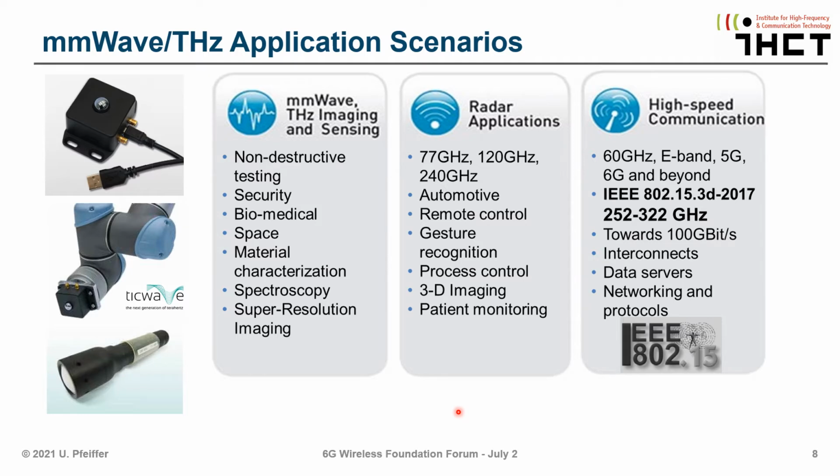That can be used for various applications like high-speed interconnects or the connection between data servers, for instance, but also for longer range communication, as we will address in a second.